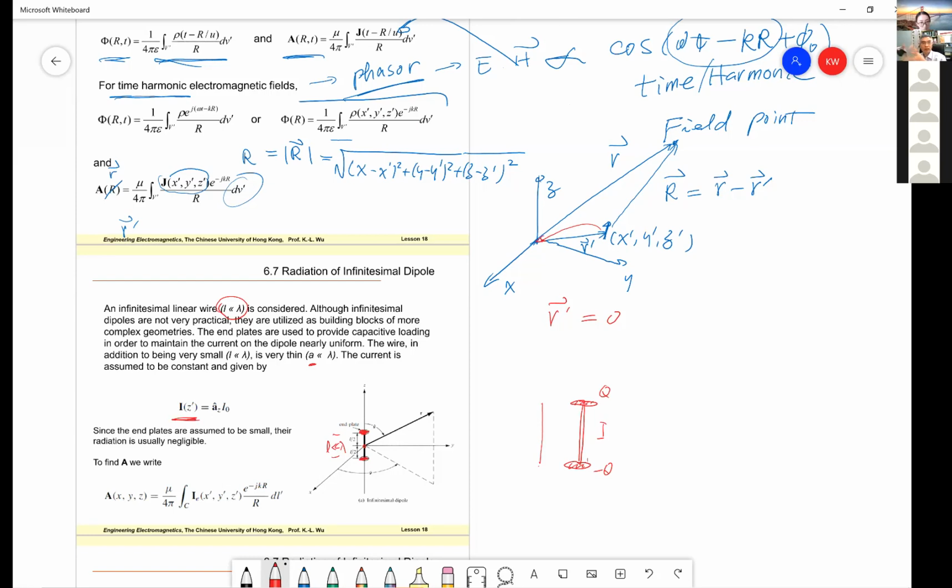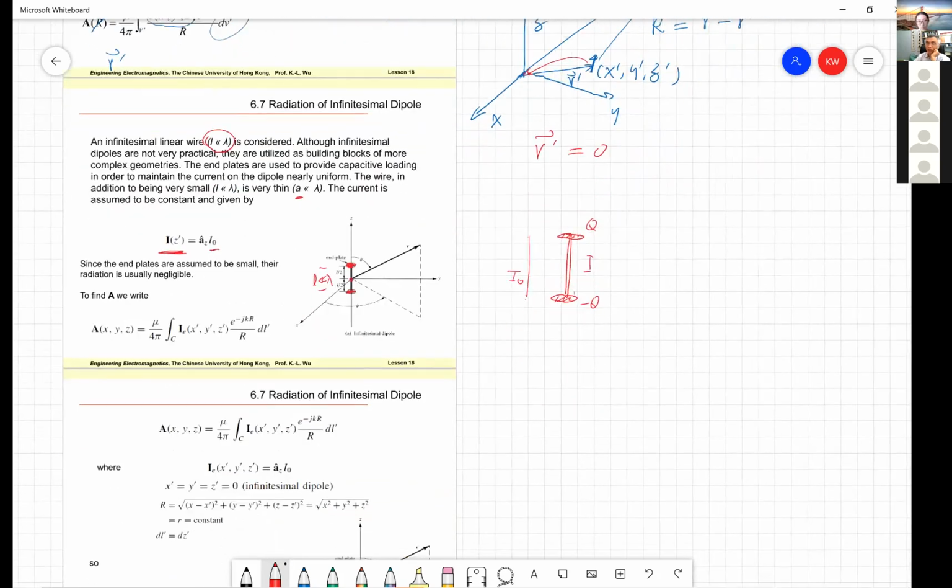Now I describe this current in this way. After I explain the physics, we can abstract the current into a mathematical form, flowing along the z-axis with the magnitude I0, constant, okay?